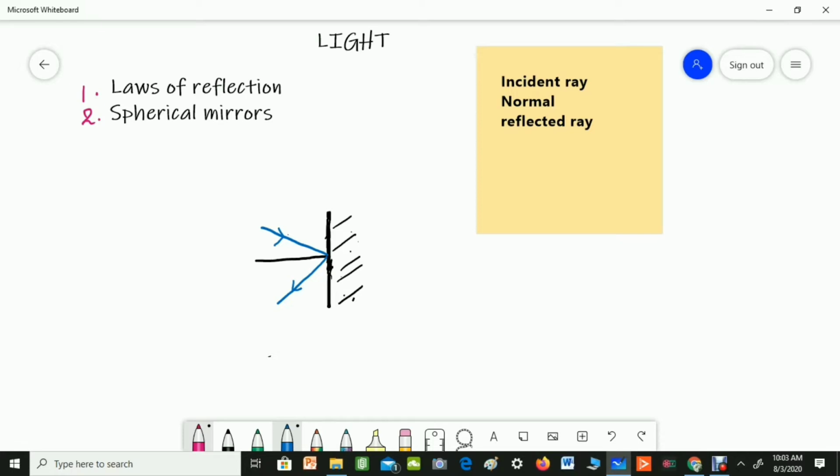So let us take the first topic, laws of reflection. To understand the laws of reflection, you need to know what is incident ray, what is normal, and what is reflected ray. Consider this as a plane mirror. The light which is incident on the surface of the plane mirror is called incident ray.